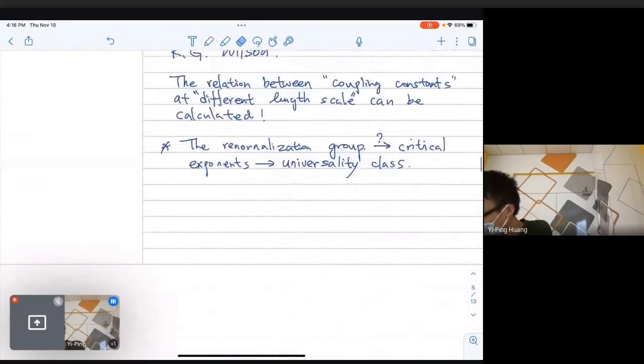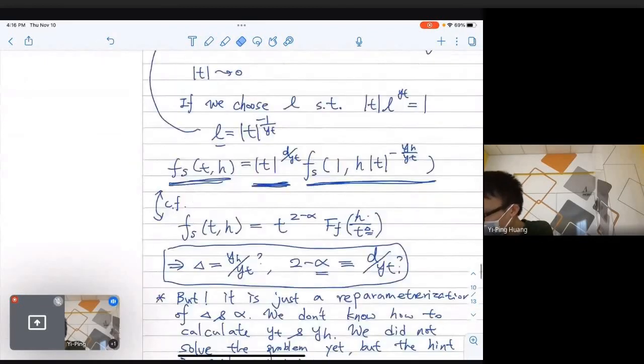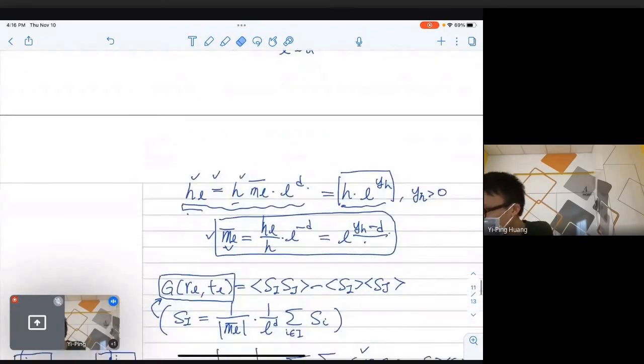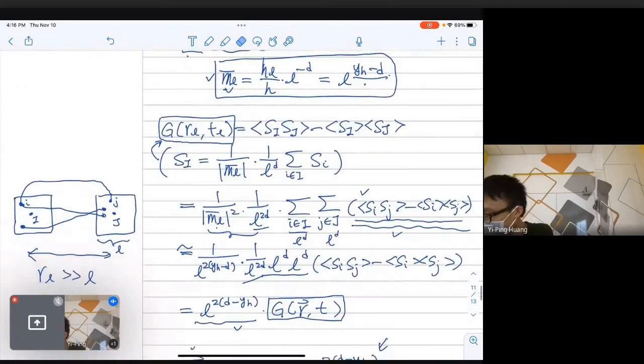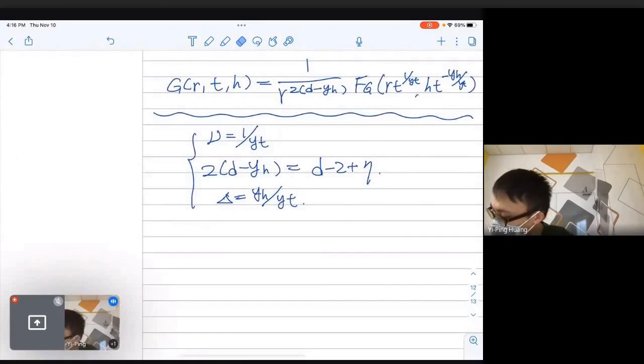But anyway, the point is that similar arguments, if you apply them to the Green's function or the correlation function, you can see there are relations between the critical exponents, and they are all reparameterized by this postulated critical exponent yh and yt.